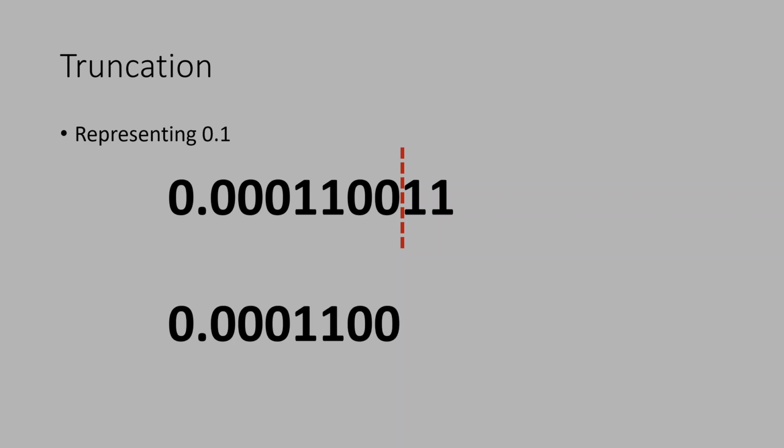That would leave us with this, and that's purely truncation. Now, the effect that truncation has is that if this was what the original value was representing, by truncating it, we're kind of rounding down. We're getting further away from the value that we're trying to represent. But that's a limitation that's placed on this representation, given the number of bits that we can use.